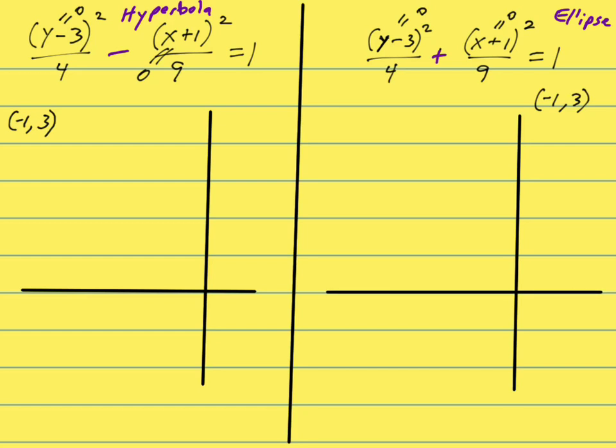So we're going to go a few in each direction, if you don't mind. 1, 2, 3, 4, 5, 6. Let me go back a little bit. I'm going to make them smaller if you don't mind. 1, 2, 3, 4, 5, 6.